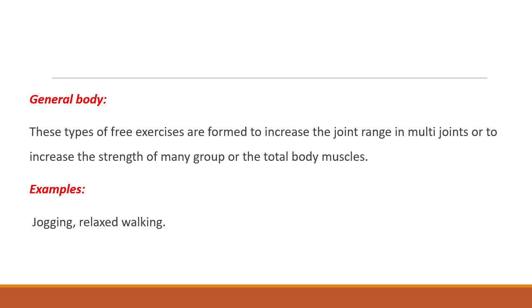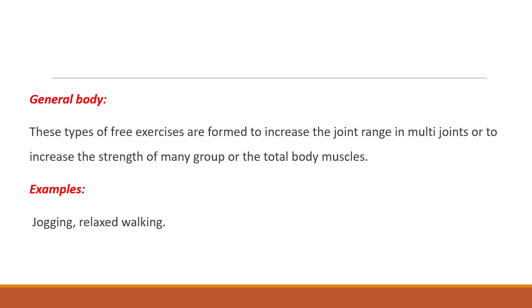So we have seen the localized exercise. Now we are going to see the general body exercise. The difference is that in localized exercise we work on a particular point.